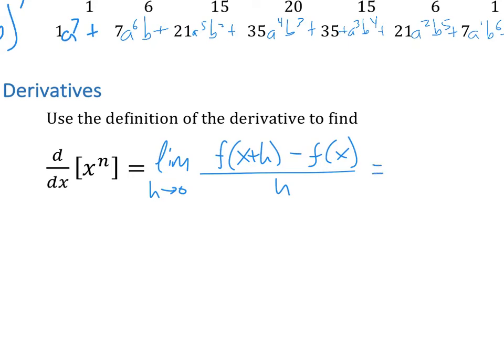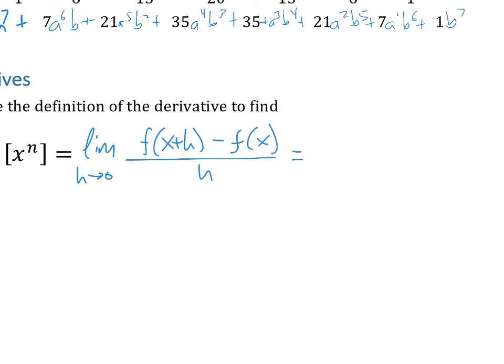Now, the function itself is x to the n. So we're going to have, don't forget my limit as h goes to 0 of x plus h to the nth power minus x to the n all over h.